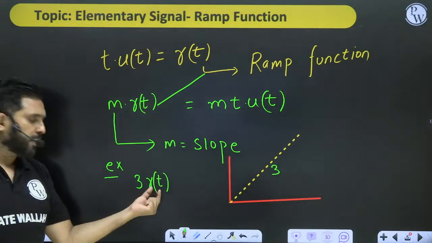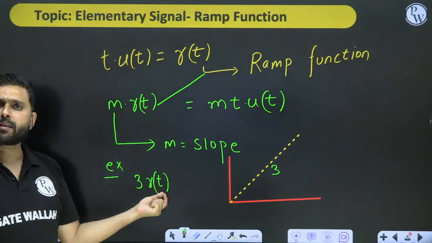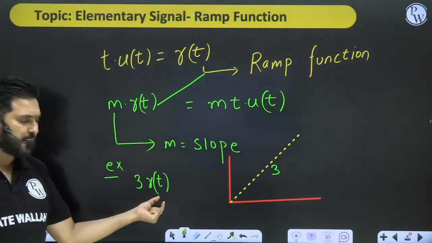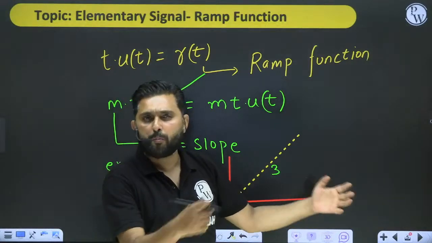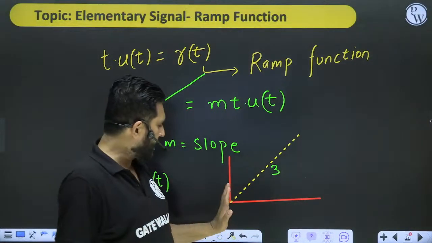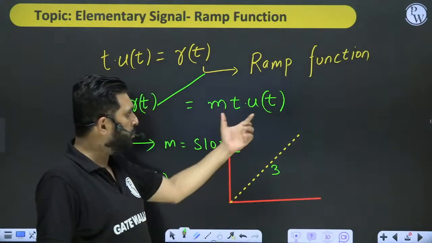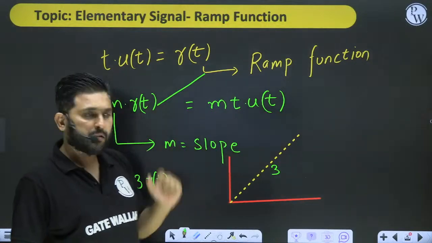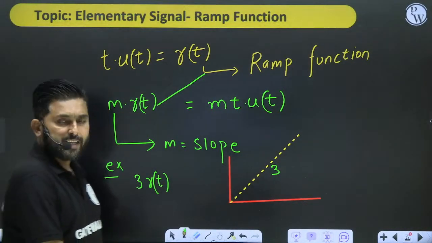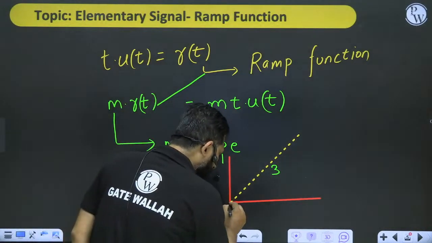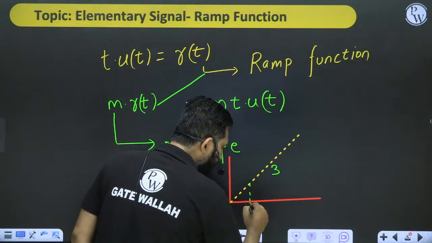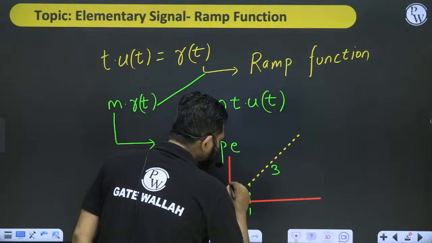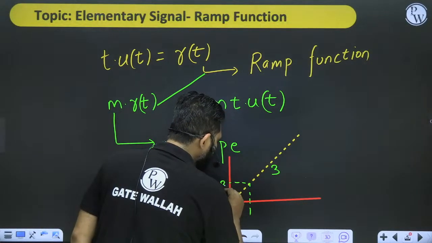Whenever I say r(t), listen carefully: r(t) means that it starts in the first quadrant. It will not go beyond the first quadrant. It starts from 0 to infinity, because u(t) is multiplied with this. So a slope of 3 means this 0 will give me 0, but if change in x-axis is 1, this will give me 3.